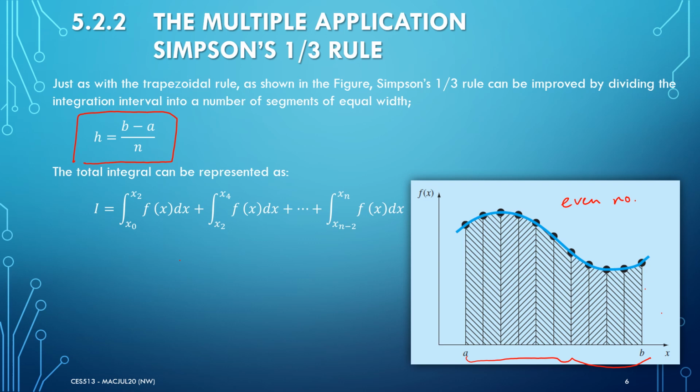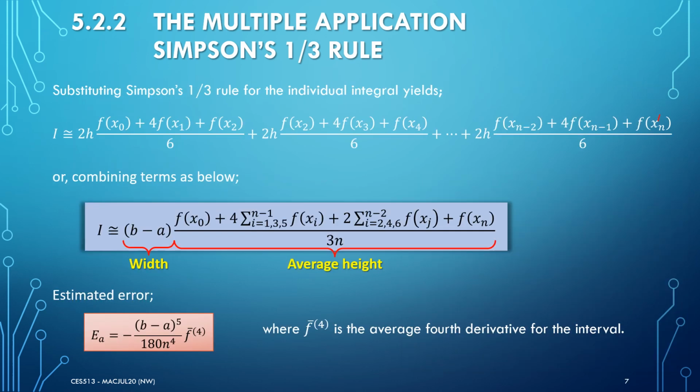Alright, so the total integral can be represented as this equation: the summation of the integration from x0 to x2 plus x2 to x4 and so on until x(n-2) to xn. Then substituting the Simpson's one-third rule for the individual integrals will yield this summation of the integration for the whole segment.